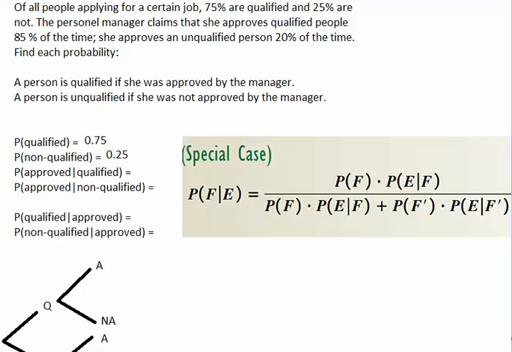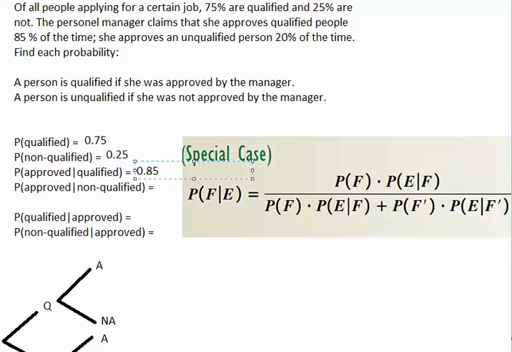Then we also know that the manager approves qualified people 85% of the time. What does this mean? This means that we have a probability of 0.85 for a person to be approved if it is qualified. So given that it is qualified.